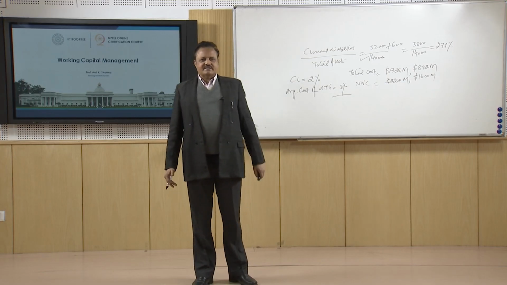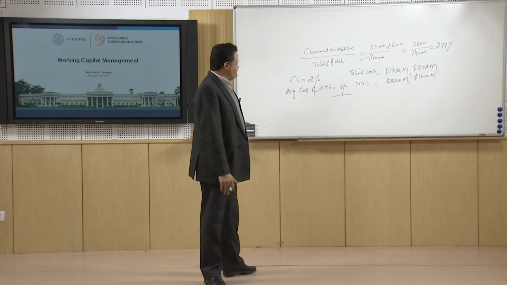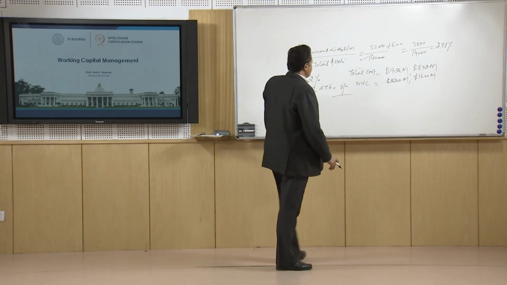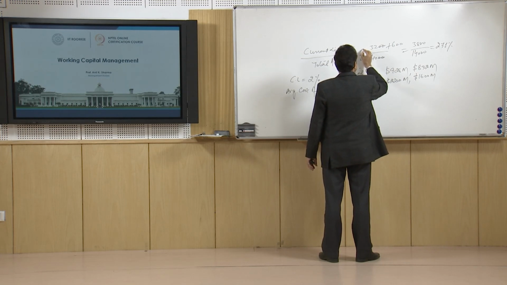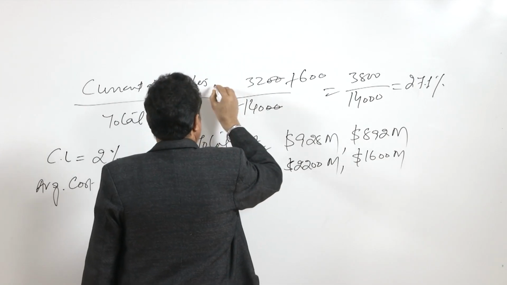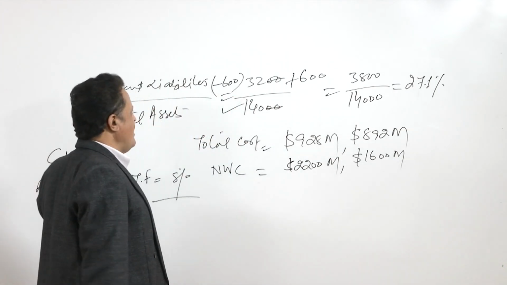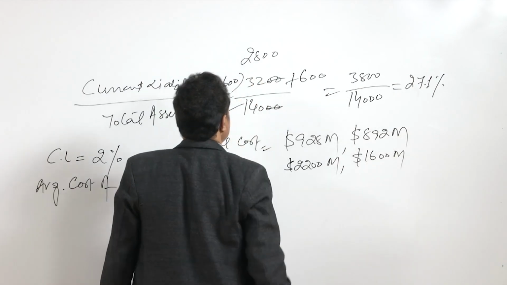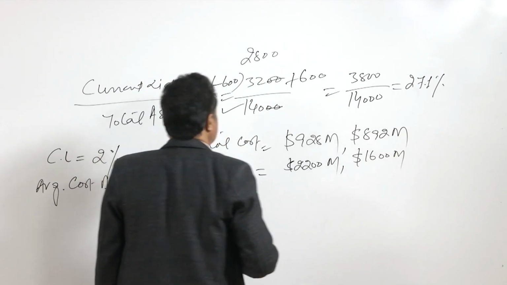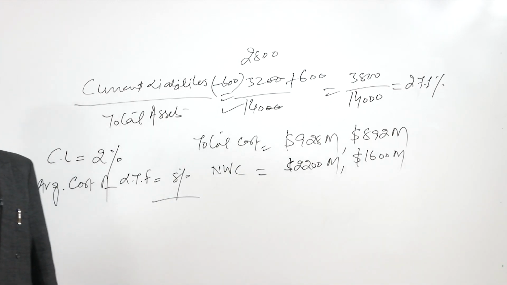And now take the next case. If you change the ratio again, rather than adding 600, you subtract 600. How much will be left here? That is 2,800, not 3,200.